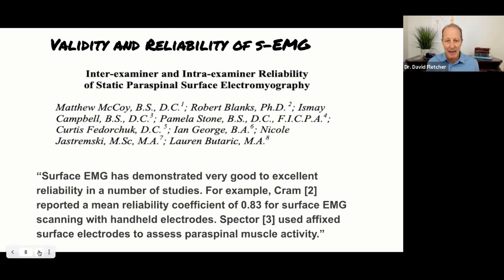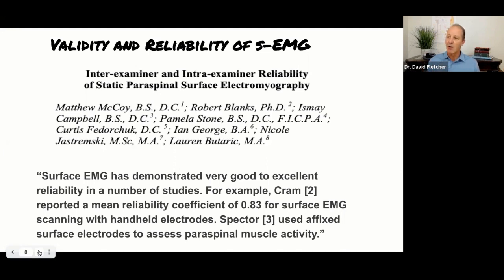And it became very clear that it was very much an exceptional inter-examiner, intra-examiner reliability.